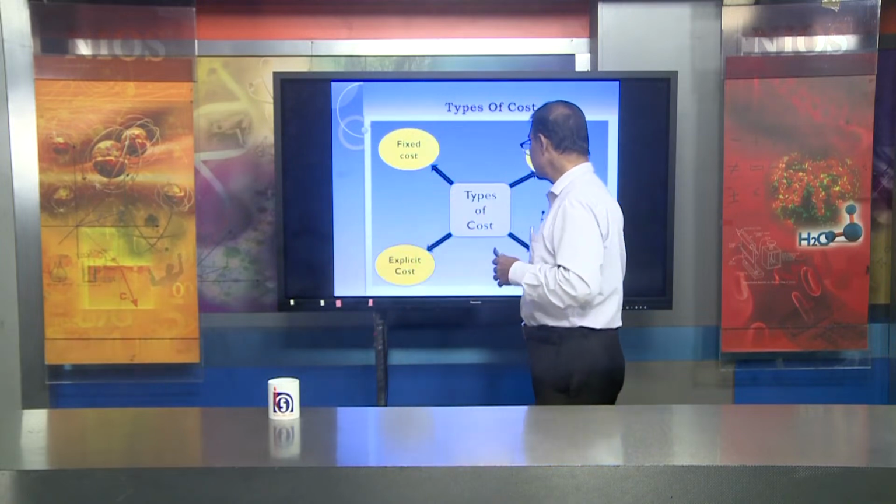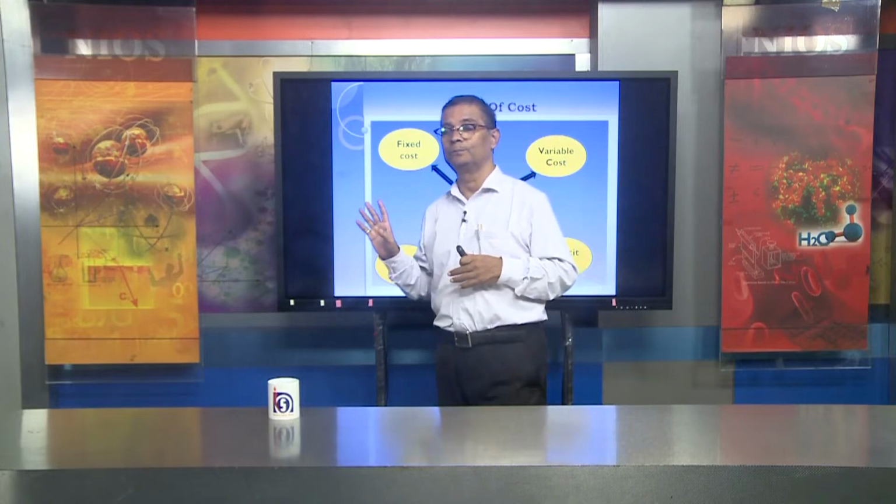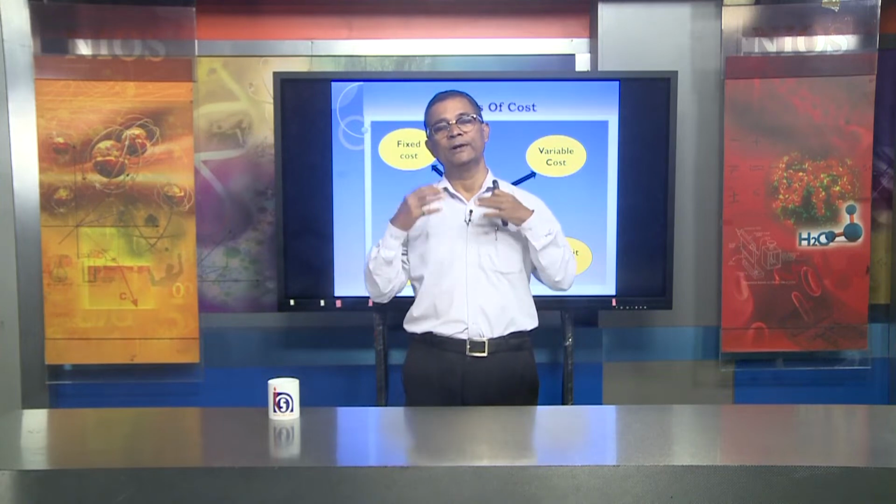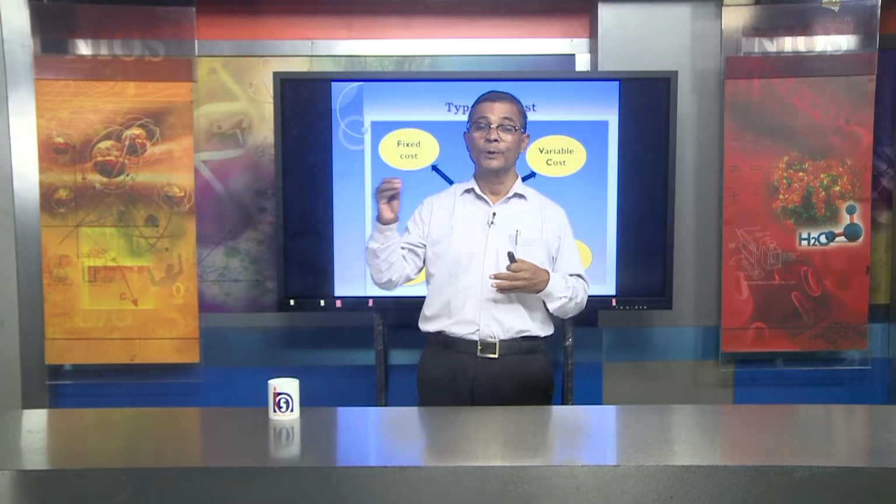Then what about the implicit cost? That is also known as expenditure on self-owned factors, imputed cost that belongs to a particular individual, belongs to a particular group, because they are utilizing their own factors, I mean their own property, in the process of production.